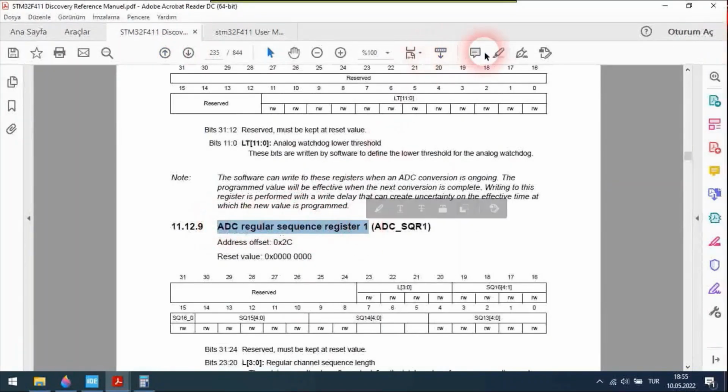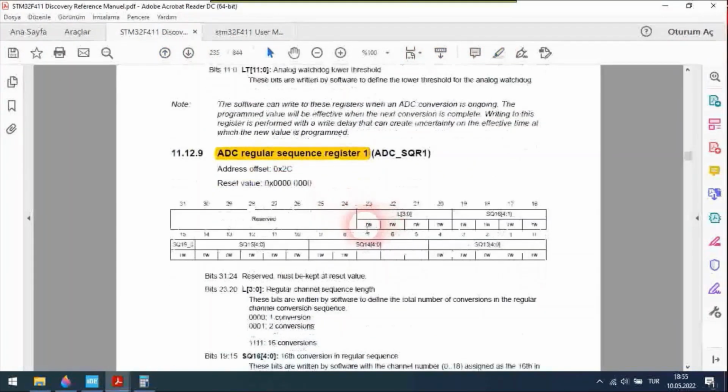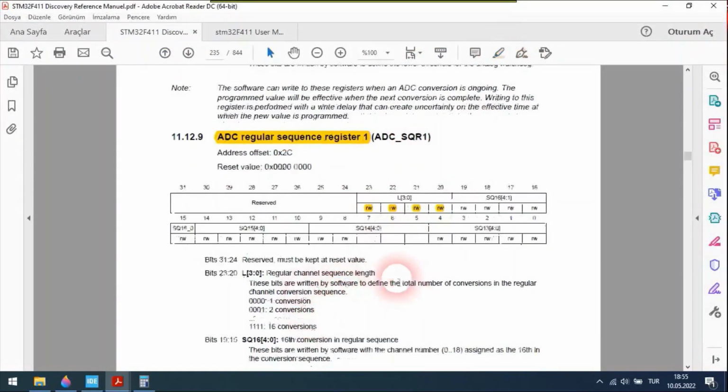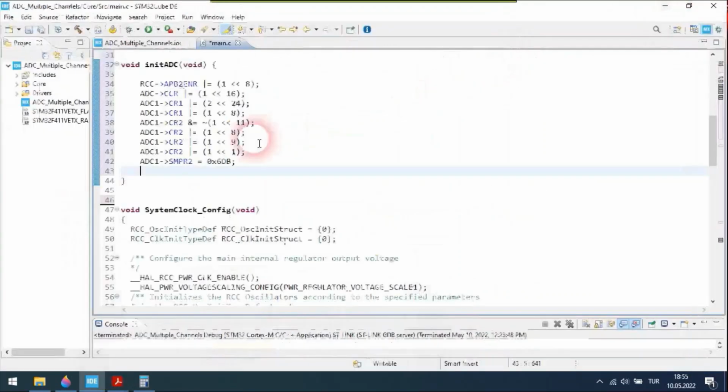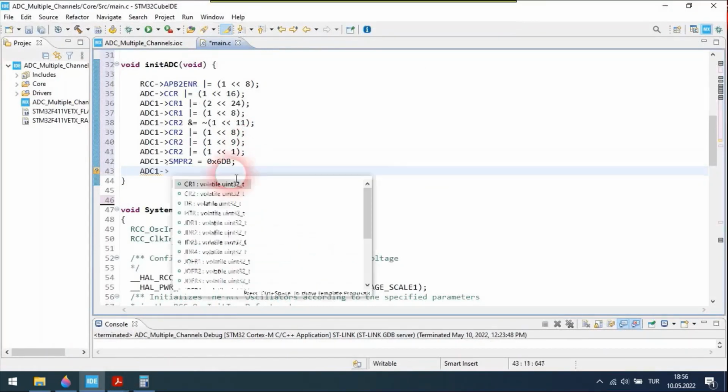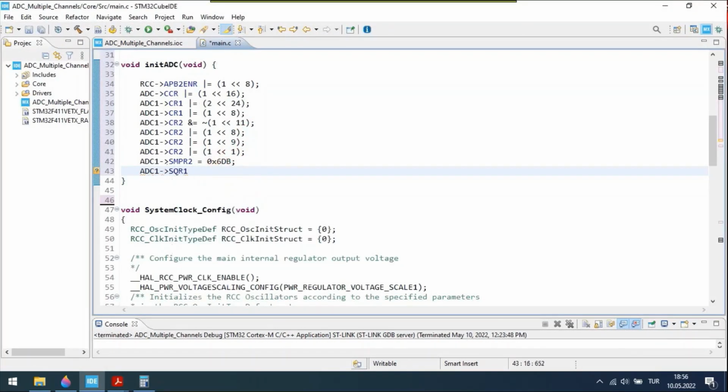Go to regular sequence register 1. We have 4 channels to read. We have to write 3 for 4 channels.